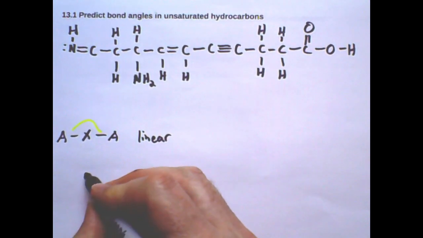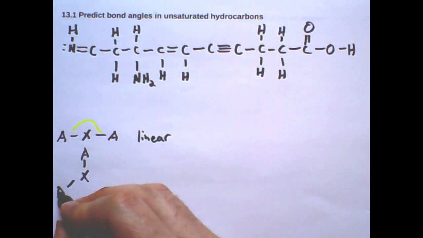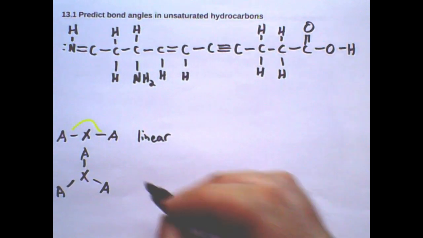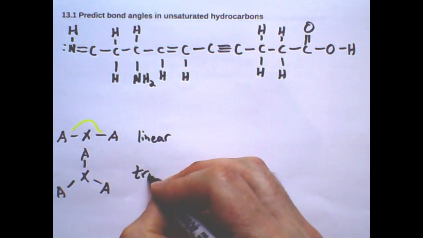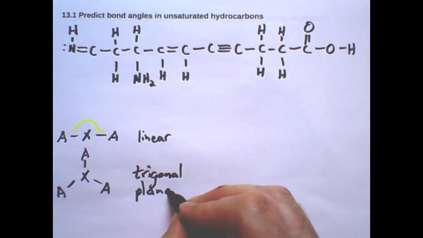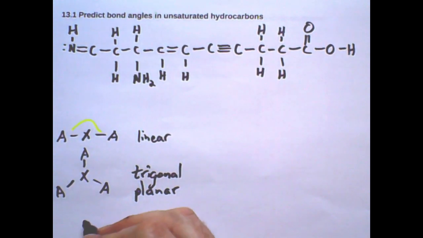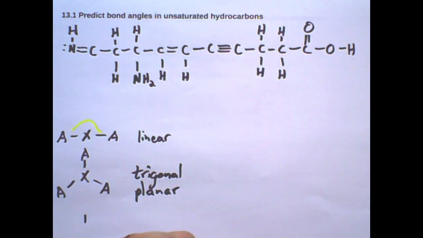Even if you don't have it down perfectly, we can put something in the middle with 3 sets of electrons. Or we can put something in the middle with 4 sets of electrons.